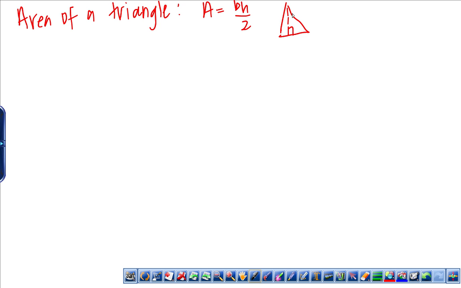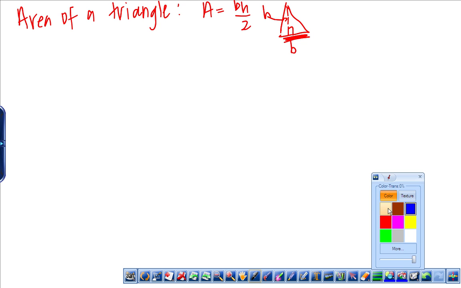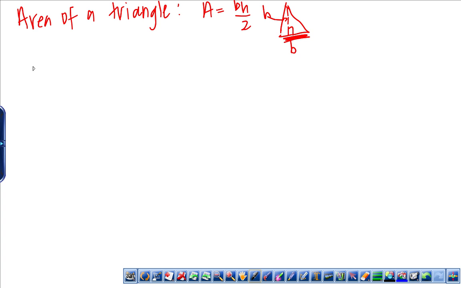Or you can make a right triangle out of it, where this is your height right here, and then this is your base. But since we don't really know our triangle and what it looks like, we're going to have to use a new formula, which is abbreviated just a little bit.